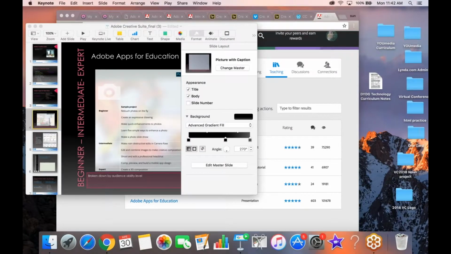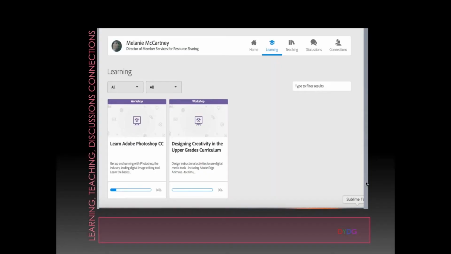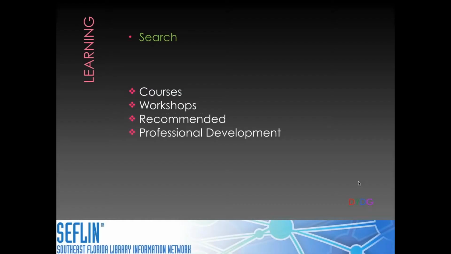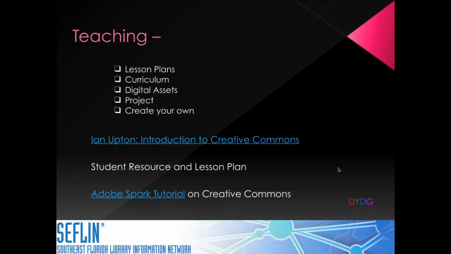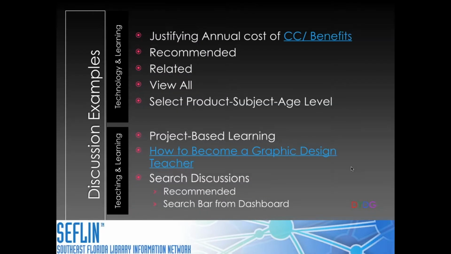Okay, let's see. I'm going to go on to, and again, with the teaching resources, that information is also listed, just like the others. They have recommended resources listed at the bottom of whatever resource you might be using. So here are some examples of just the discussion forum.